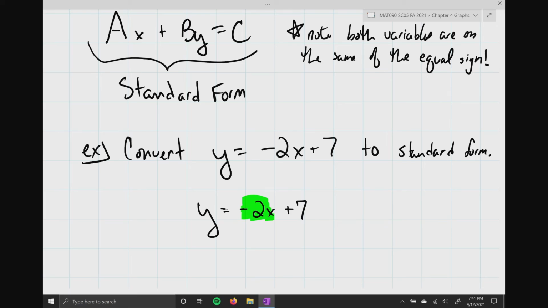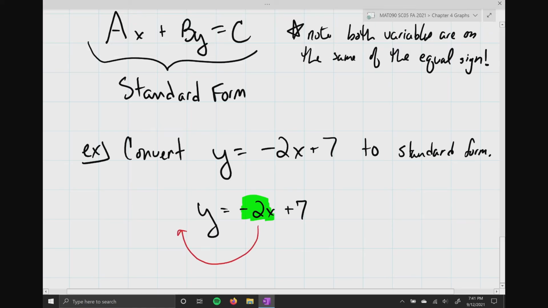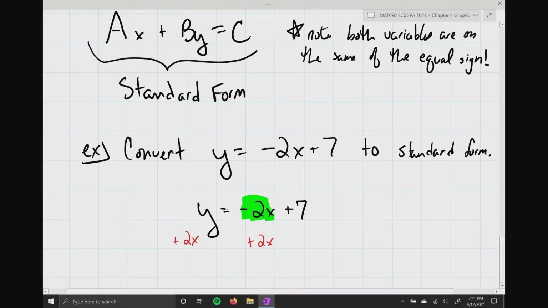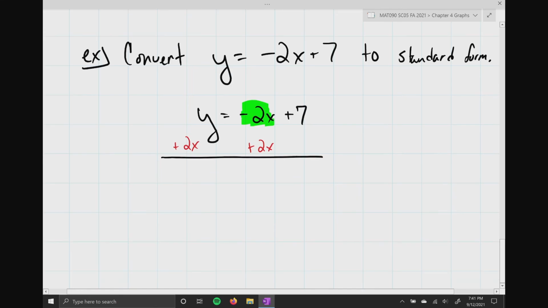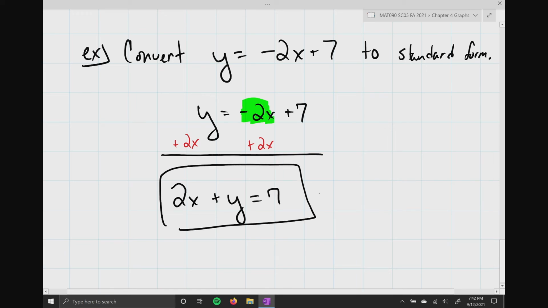We want it to be on the left-hand side with the letter y. So what are we going to do? Well, since it's negative 2x, we're just going to add 2x to both sides of our equation. All right? And that is going to allow us to put this into standard form. So we get 2x plus y equals positive 7. And now this is standard form.